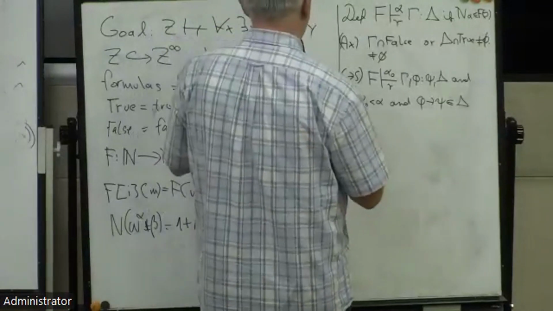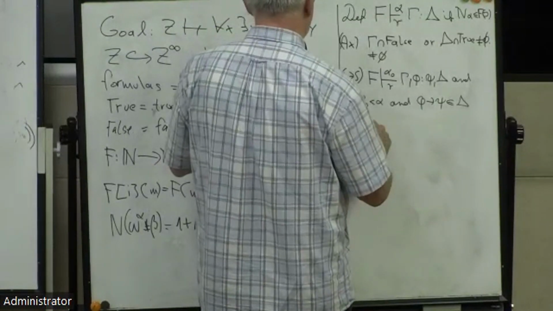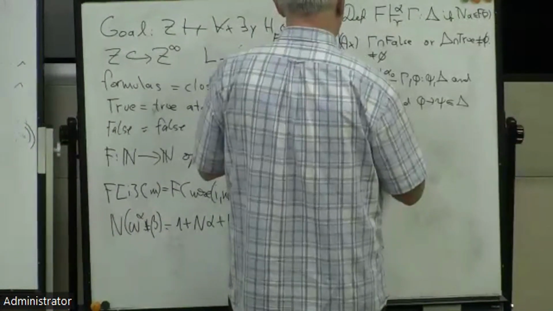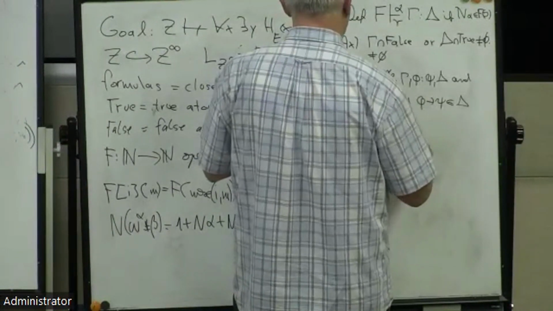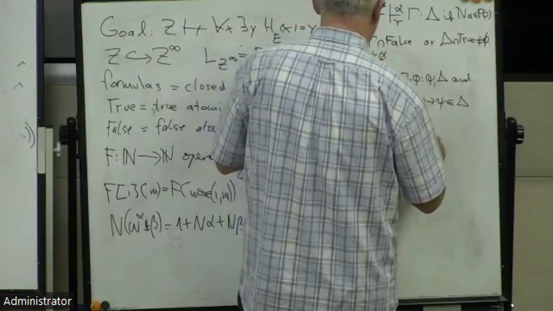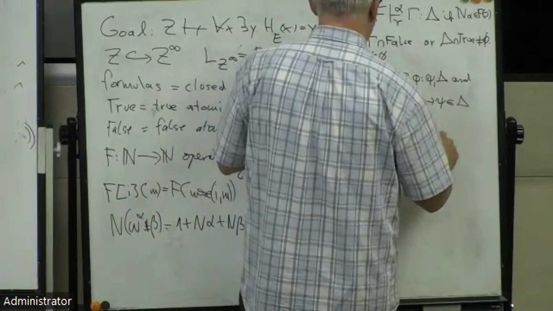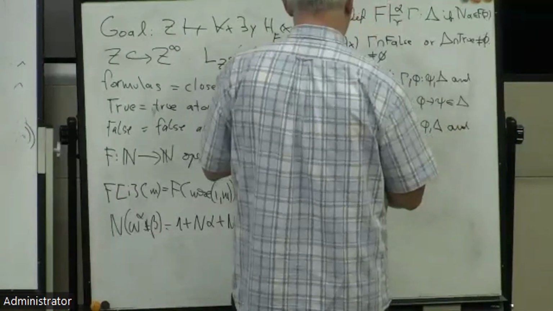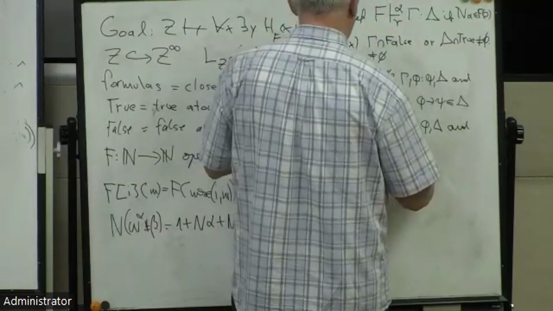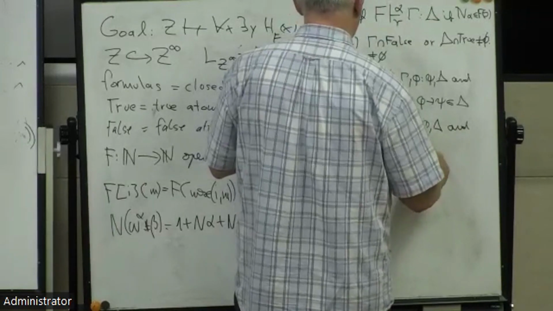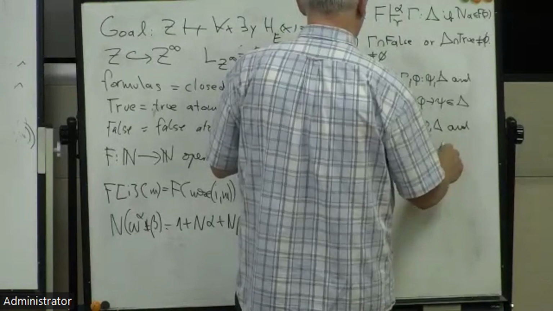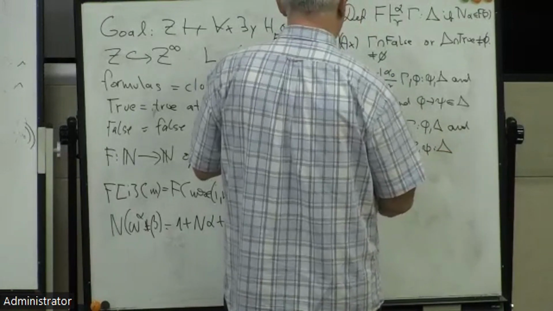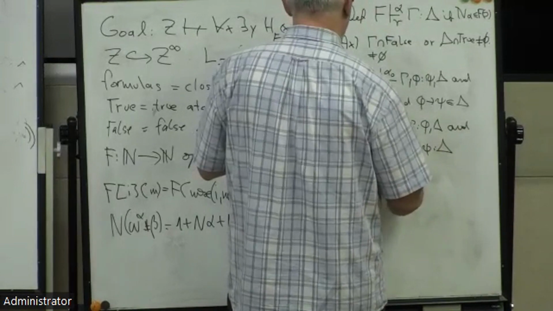Another clause is the arrow introduction in the antecedent. So we have f derives, alpha 0, r, gamma double dot p, delta, and f derives gamma, comma c double dot delta, alpha 1 and r. Alpha 0 and alpha 1 are smaller than alpha.